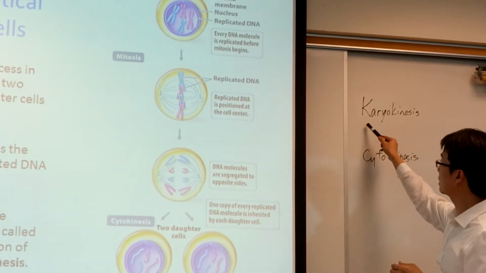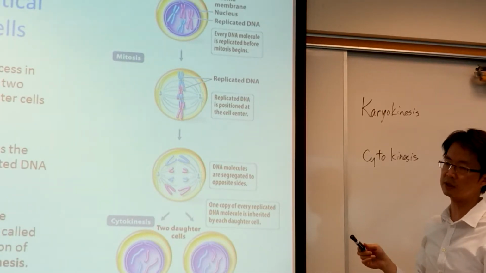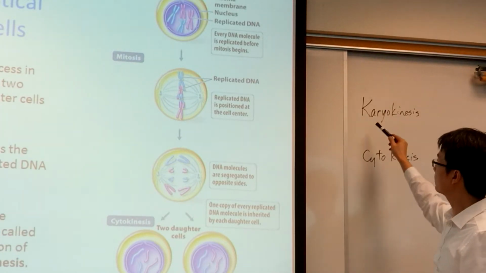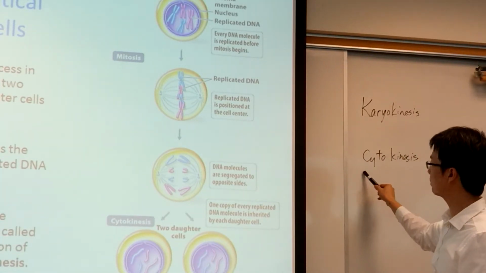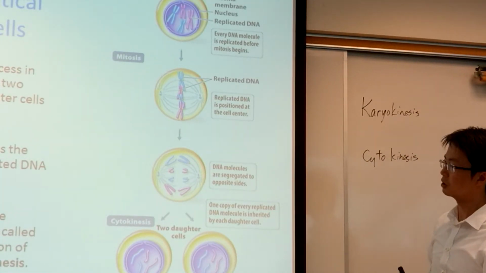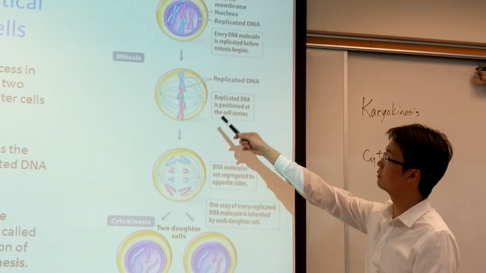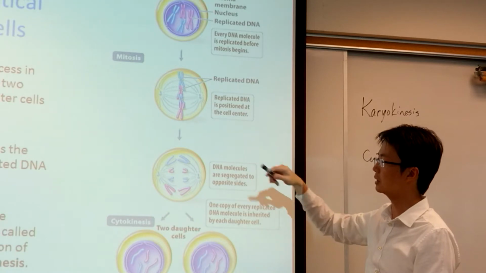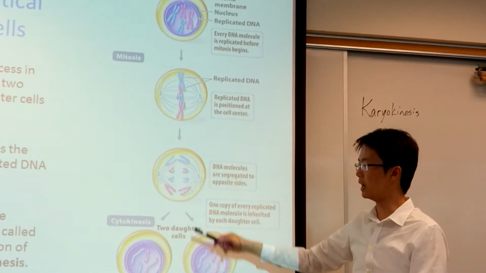Karyo means the nucleus. So the first part is the dividing of the nucleus, and then it is followed by the dividing of the cell. So it's always dividing the nucleus first. That means the chromosomes will replicate first, and then they will be separated. And after that, the cell will divide.